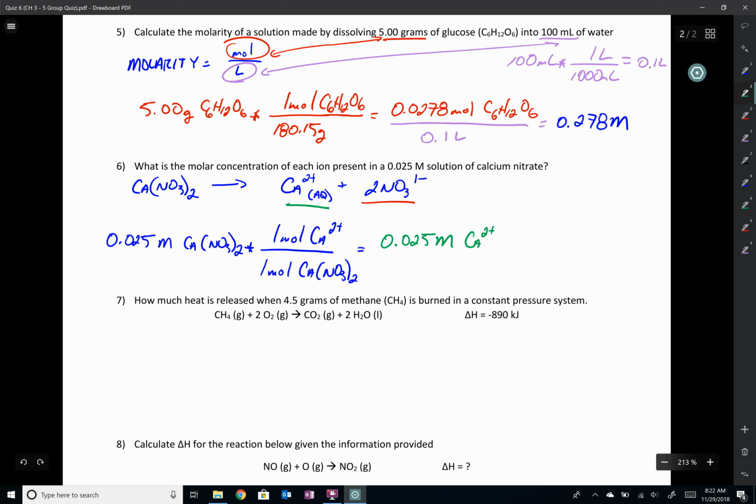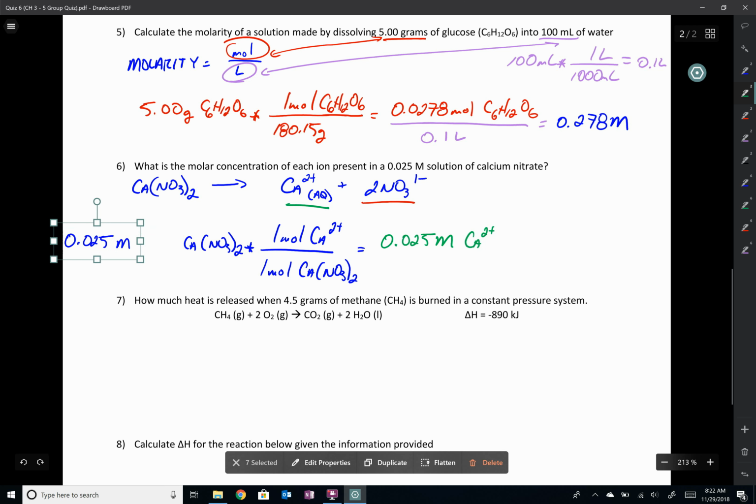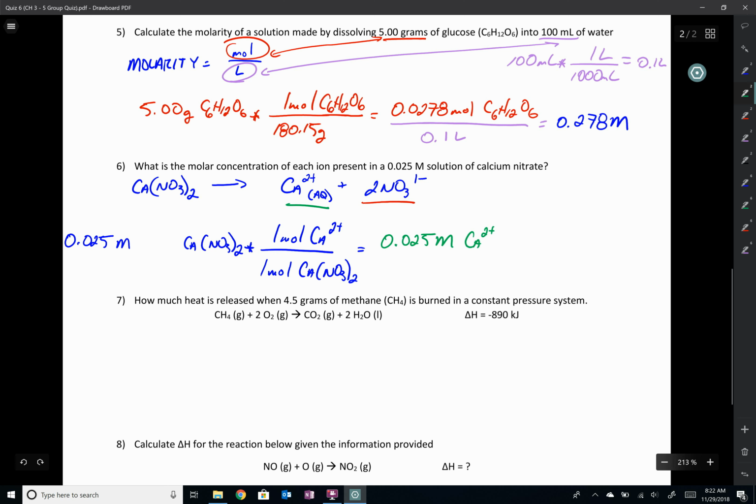So I'm going to take this exact same equation and just rewrite it. I'm going to slide this over to give myself some space. What are the units for molarity? Well, it's moles per liter. Aha, okay. As soon as I make this subtle change, now my units can cancel.